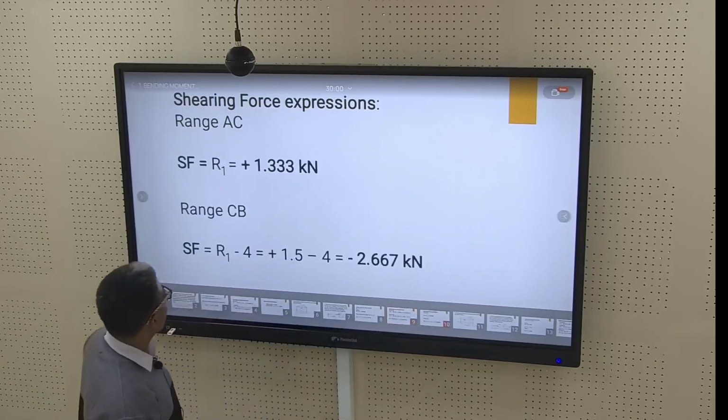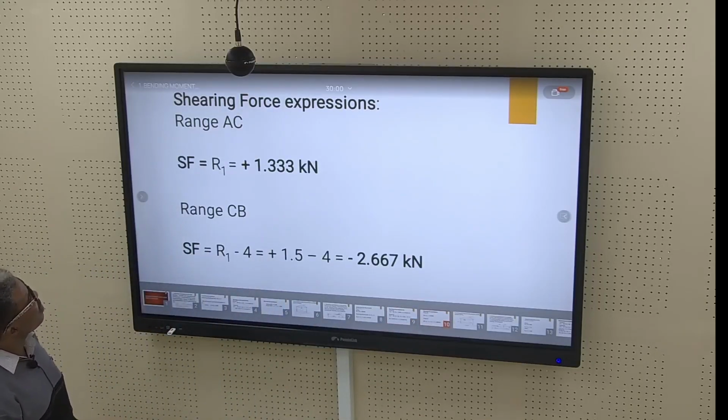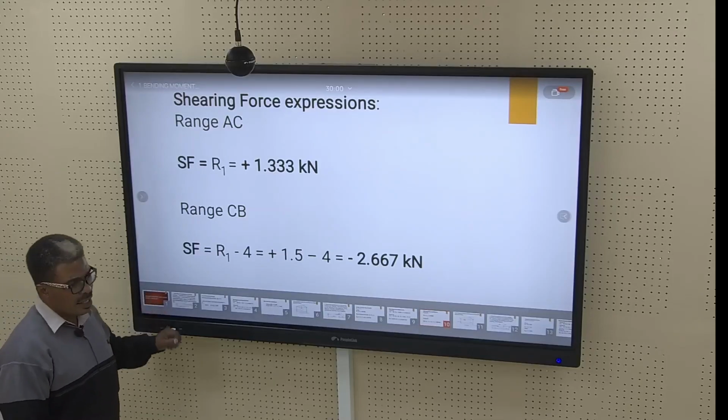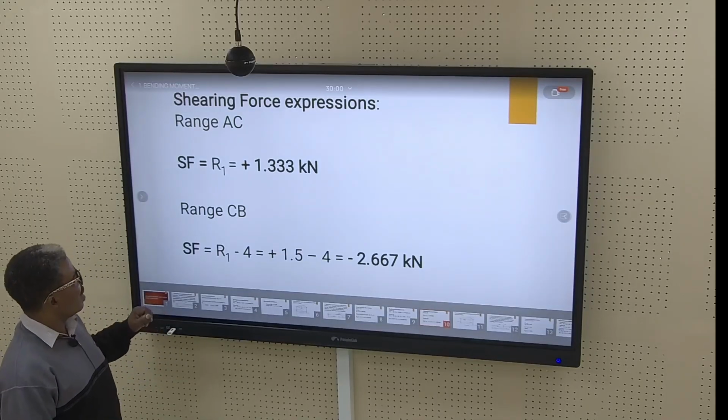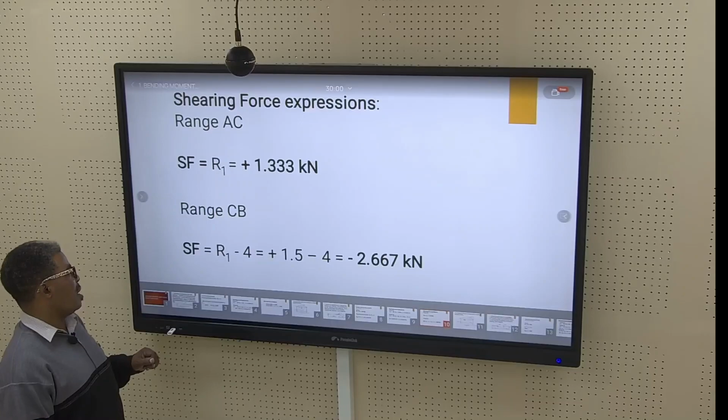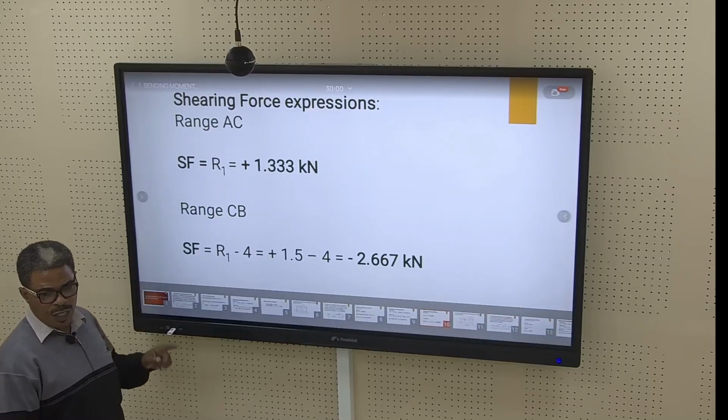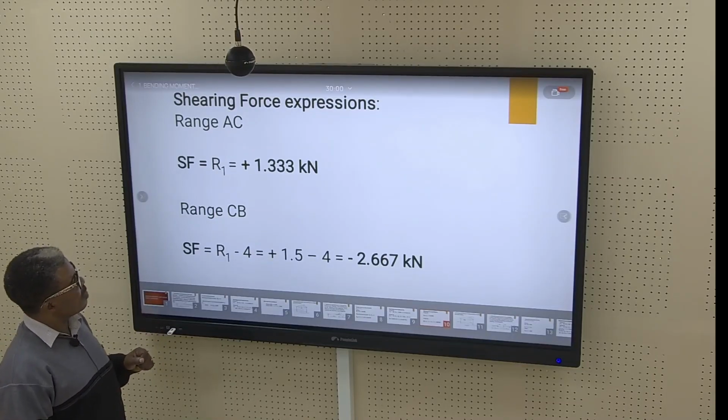Shearing force, how is the shearing force expression? The range of AC, we had the reaction at RA or R1, positively moving upwards, it is 1.33 kilonewton, and the range of CB, mind you, we are searching for R2.